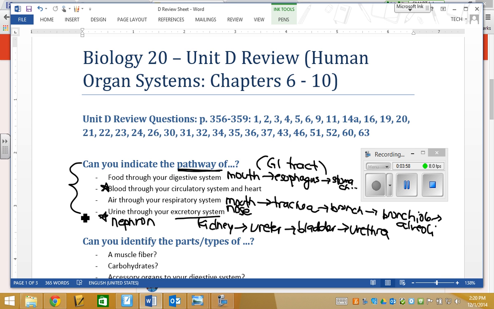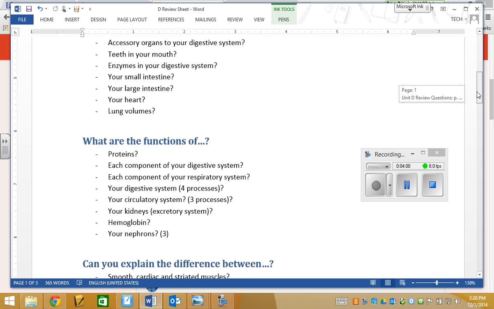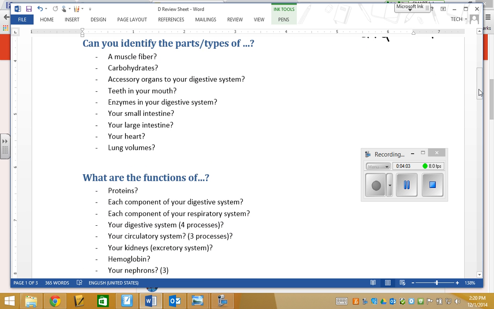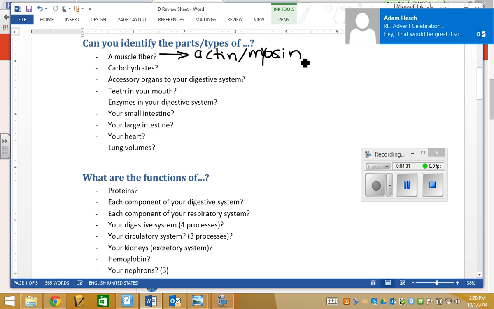Now the next thing is talking about parts or types. And so you could imagine that these would be good questions to put pictures for. Hey, what's this? Hey, what part is that? If we're talking about a muscle fiber, I would want for you to remember that when I look at a muscle cell and a muscle fiber, there are two myofilaments, actin and myosin.